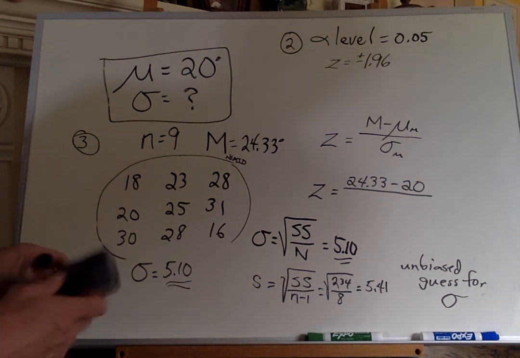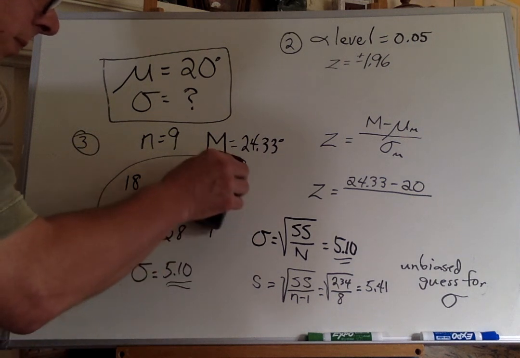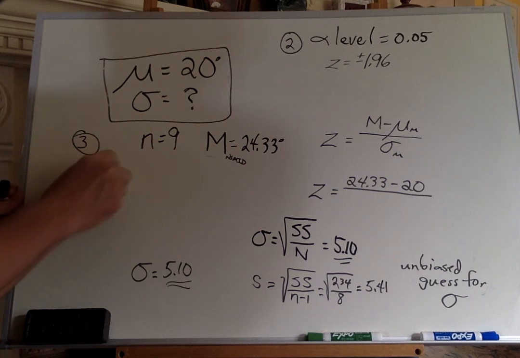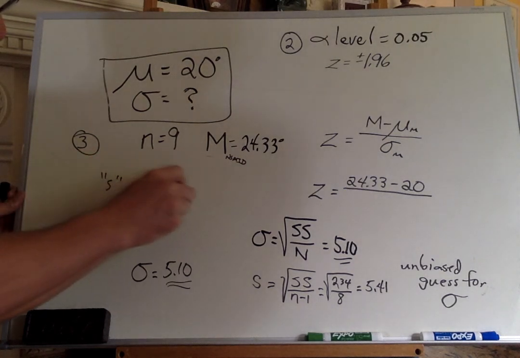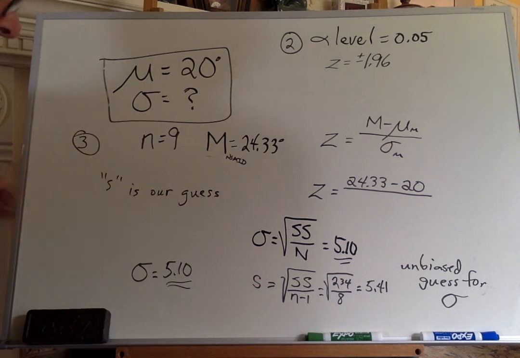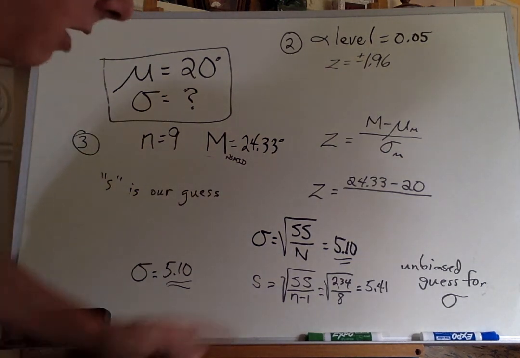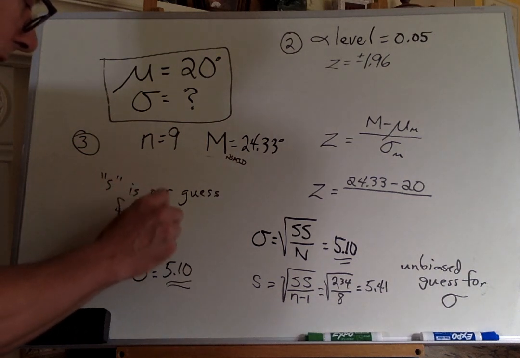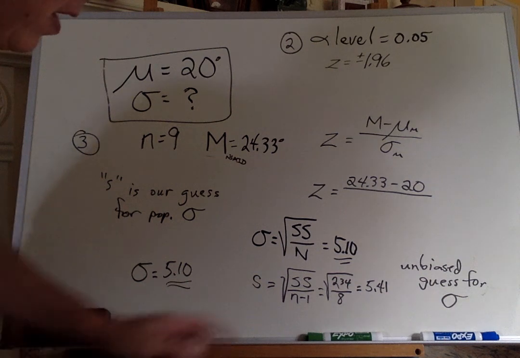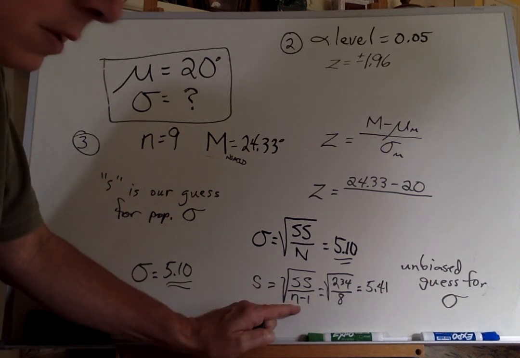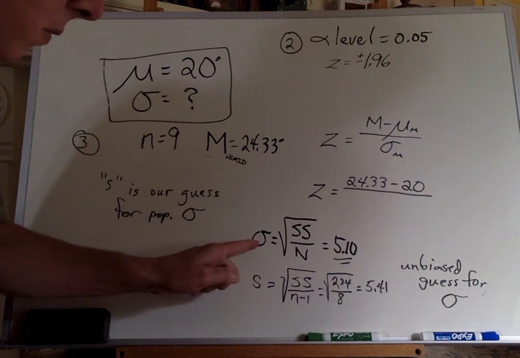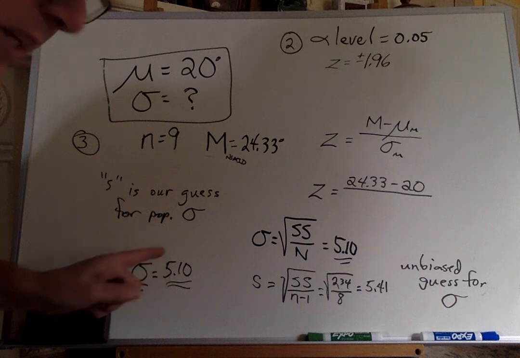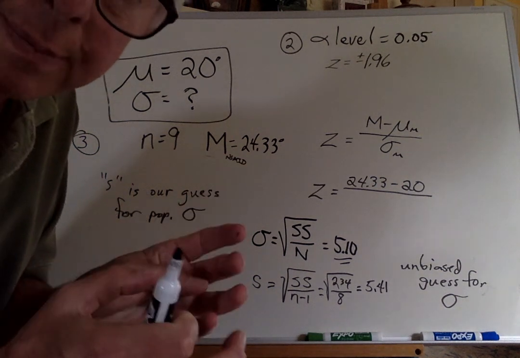I always tell people, s is our guess. s is our guess for the population standard deviation. Now this can be confusing, right? Because, wait, what's this? Well, we use that term because this is the standard deviation for those 9 numbers.